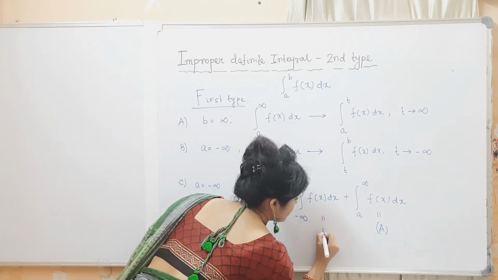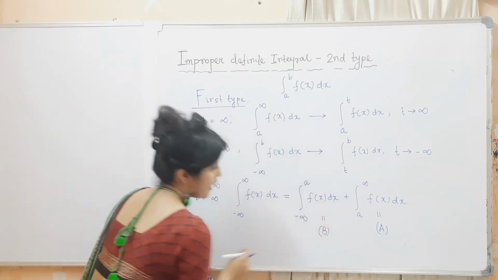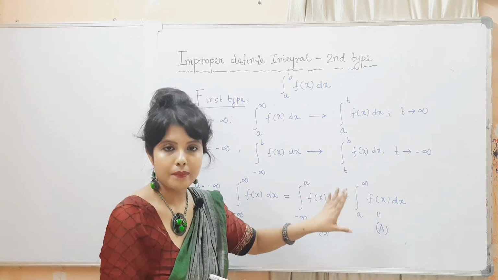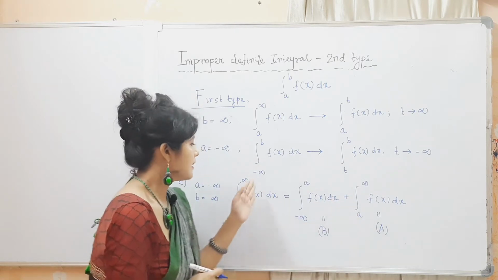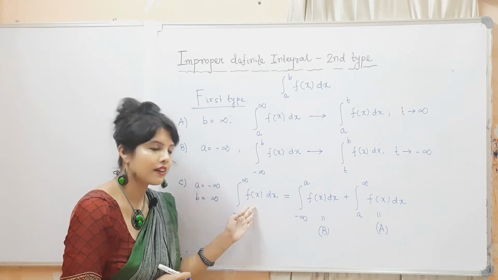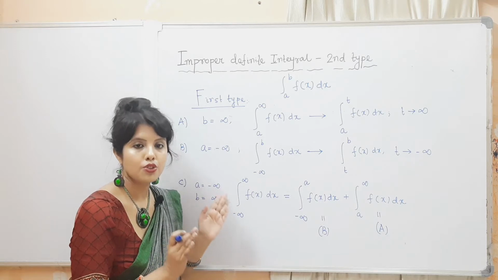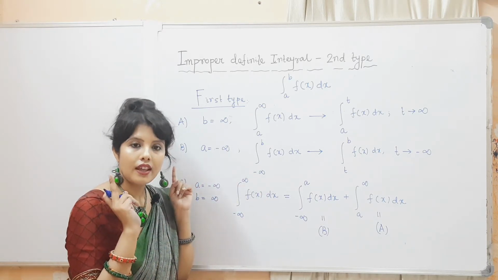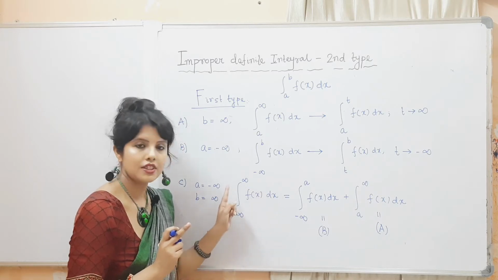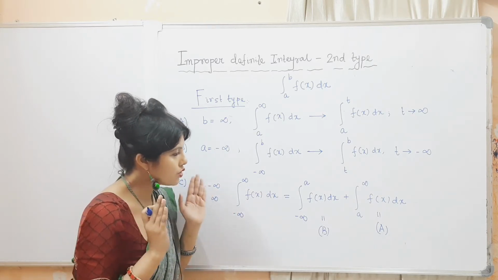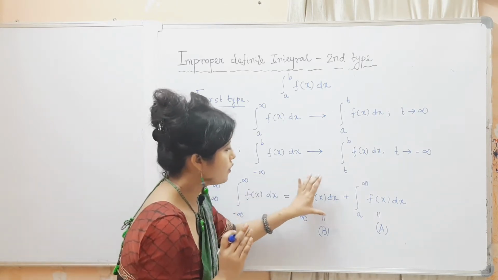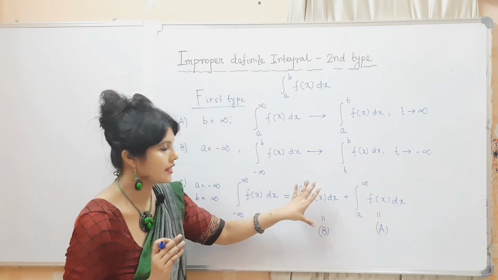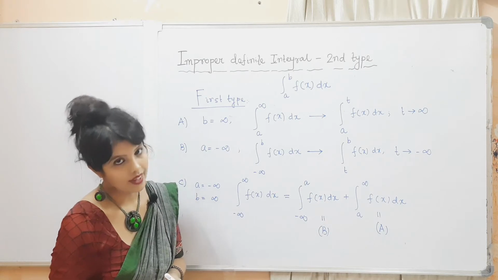So you have to solve them like section a and section b. If both the limits exist finitely, then that would be the value of the integration. Otherwise there is no meaning of the existence of this integration. So for the existence of this kind of integration, you should remember that the value of the limit for both integrations should exist finitely.